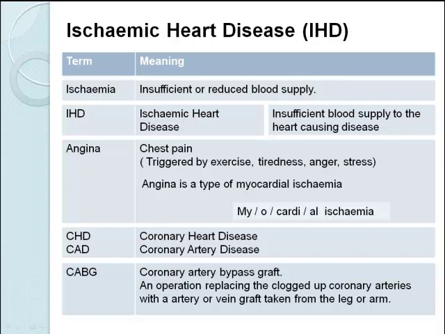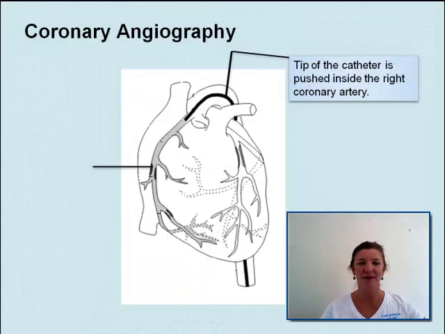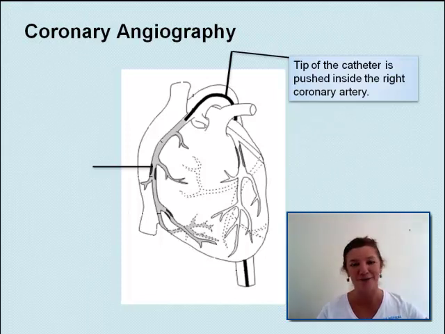In order to diagnose the amount of coronary heart disease or clogged up arteries, a coronary angiogram may be performed. Let's have a look at that. Here we have a diagram of the heart showing us the process of a coronary angiogram or coronary angiography. Very interchangeable, these terms, ending in gram and graphy.